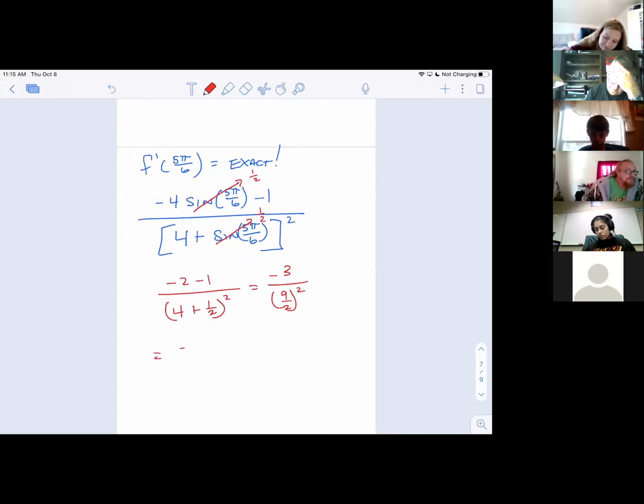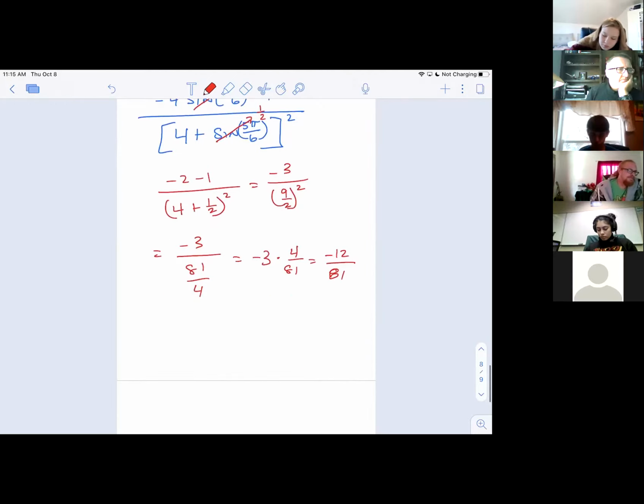So that'd be -3 over 81 fourths, which is -3 times 4 over 81. So I think it's -12 over 81. And I do know that a 3 goes into both of those.